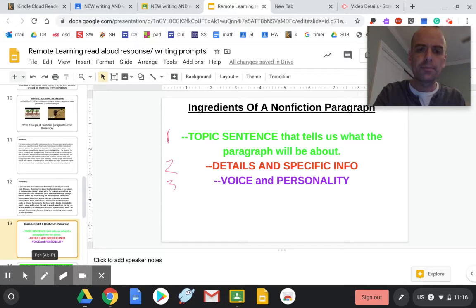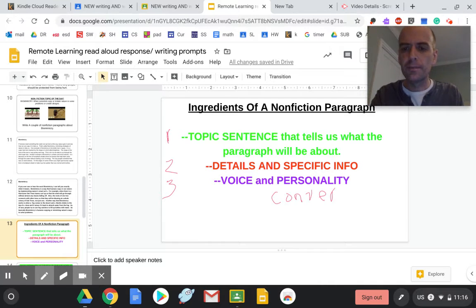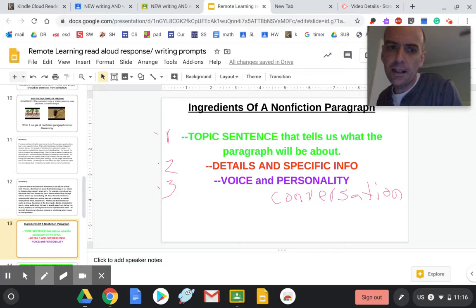And three, there's a little bit of voice and personality. There's a little bit of conversation. Not too much, not like, hey, everybody, you want to come along for an adventure of pandas like you did in second grade? It's more subtle, and we'll see that. But so you have a topic sentence, details and specific info, voice and personality.